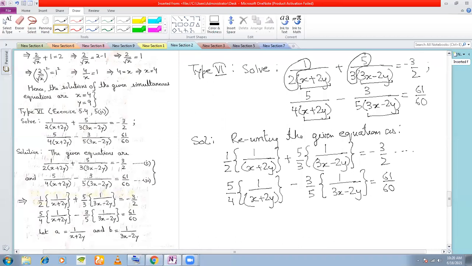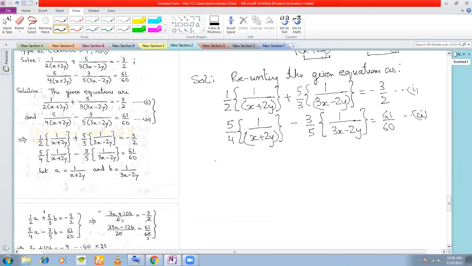Let us call these 1 and 2. Now you say let a = 1 by (x + 2y), and let b = 1 by (3x - 2y).